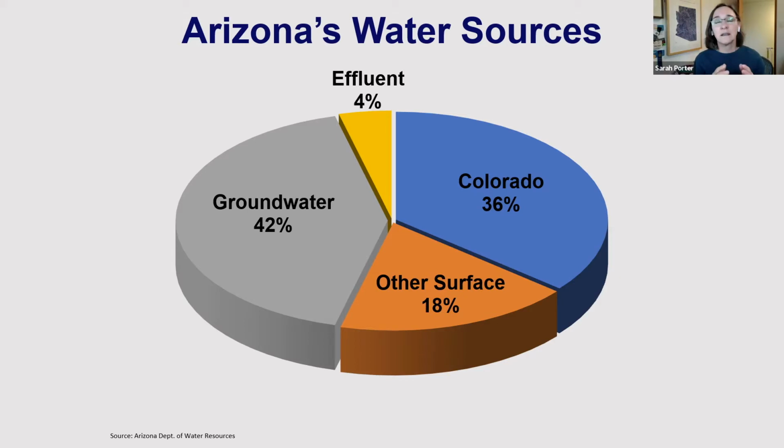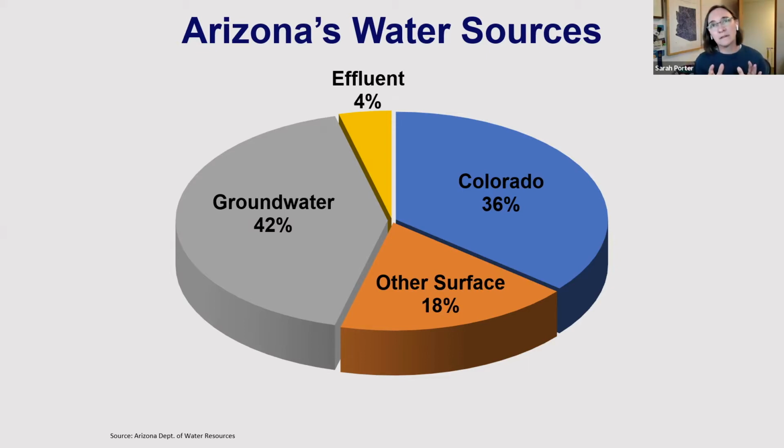Different entities have different portfolios, different allocations, and different degrees of vulnerability or resilience when it comes to water. In fact, just in the greater Phoenix area, there are dramatic differences from city to city in vulnerability when it comes to water, particularly as we're facing shortages on the Colorado River.